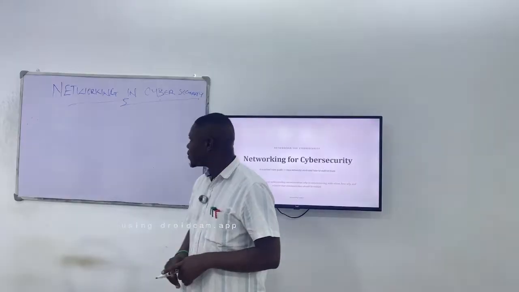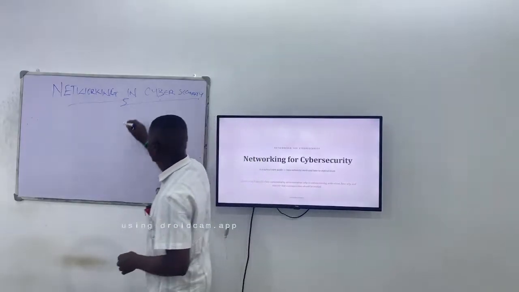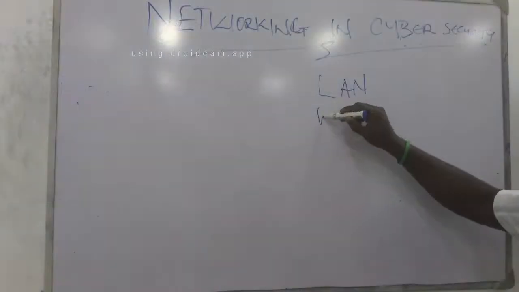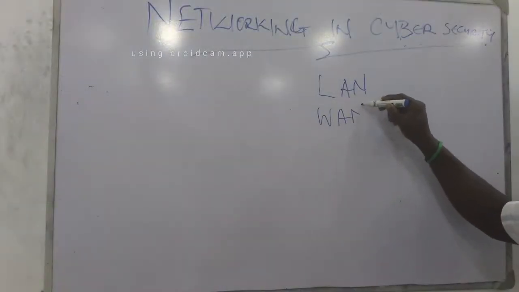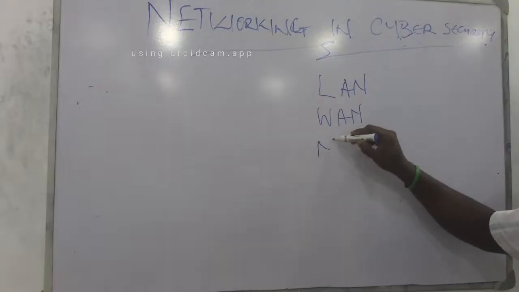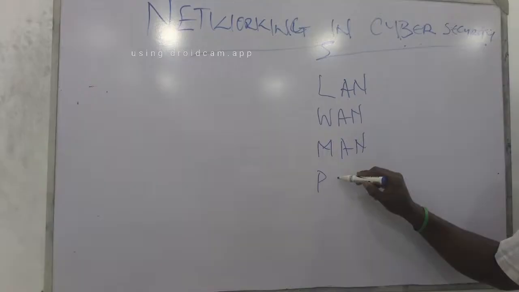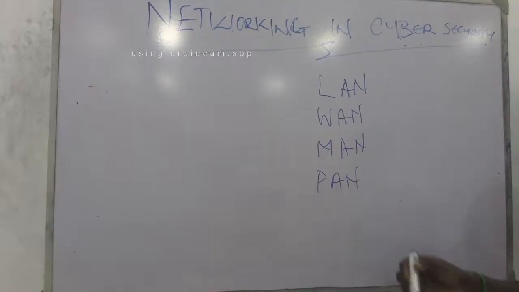So we have different types of network. We have the local area network, which is the LAN. We have a WAN, the wide area network. We have a MAN, a metropolitan area network, and also a PAN, a personal area network.